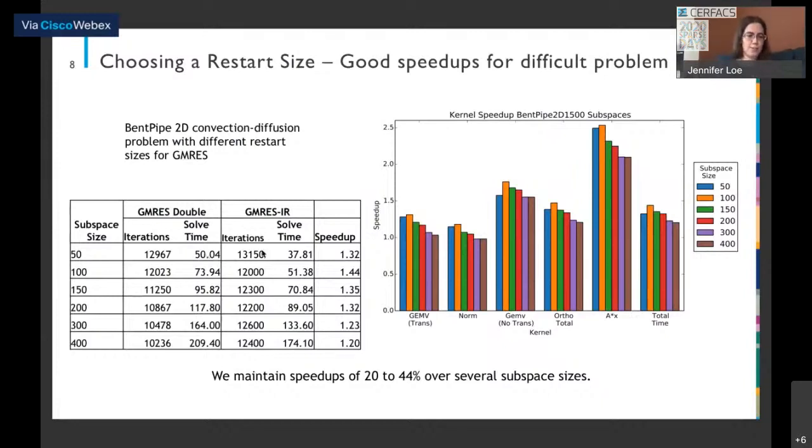And this is a very difficult problem, requires many iterations to converge. But in any case, across all of these subspace sizes, we're still getting improvement with the GMRES IR solver. We're having a slight increase in the number of iterations needed for convergence, but we're still getting improvement of 20 to 44% in our total solve time using this GMRES IR scheme.